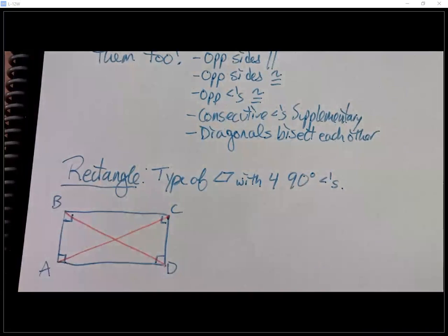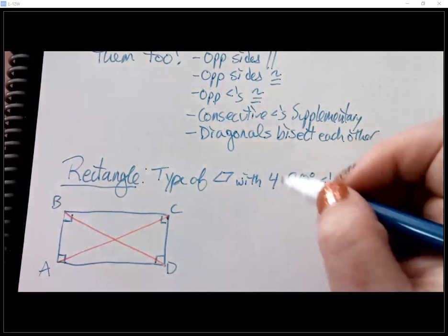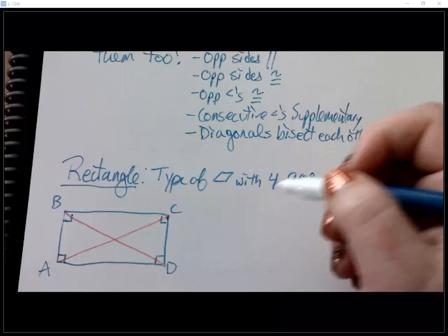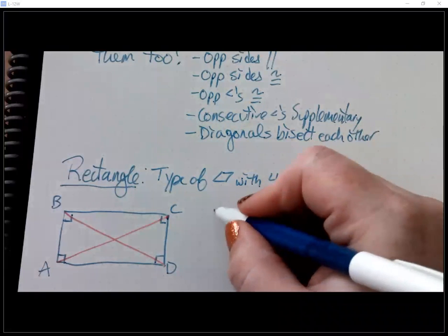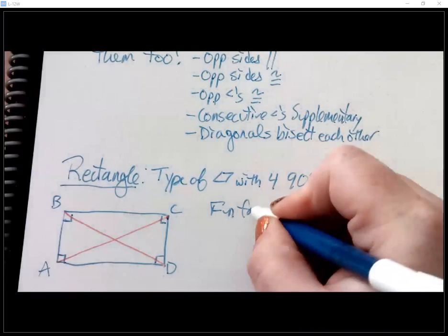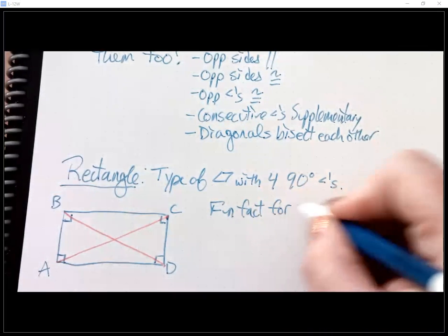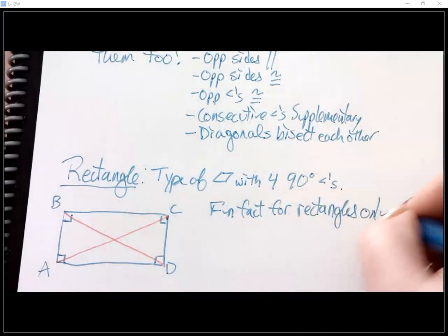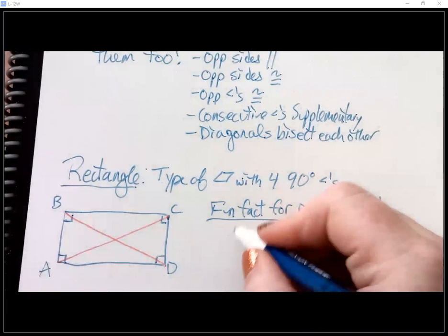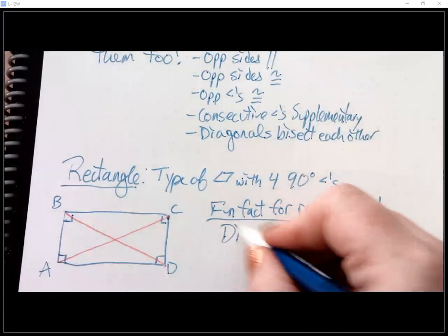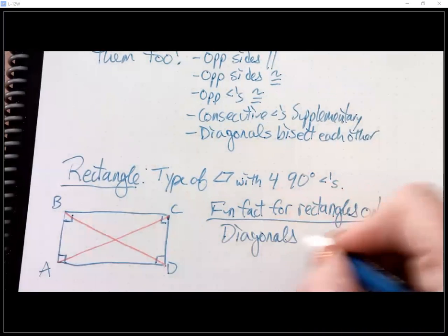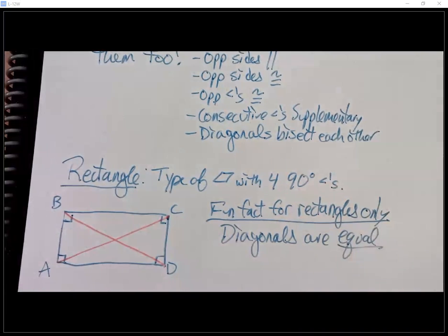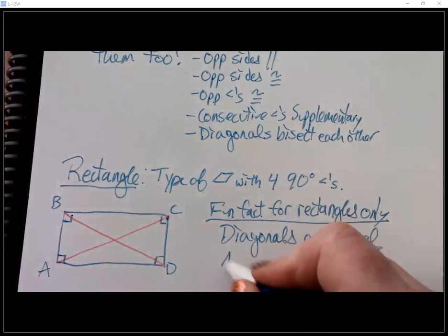Okay, so rectangles, fun fact for rectangles only: diagonals are equal. So in my diagram, that means all of AC is congruent to all of BD.